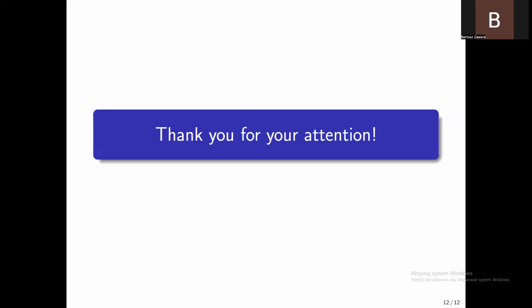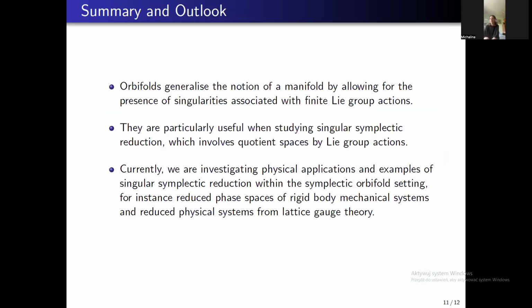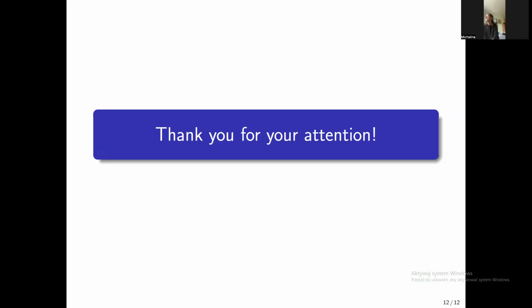Could you give an example of orbifolds in classical mechanics? For instance, how exactly do they appear in a rigid body? Yeah, so the example I am studying now is the spherical pendulum, but there are some problems. So I do not want to tell you something which is not true.